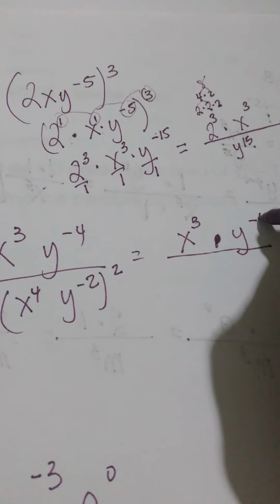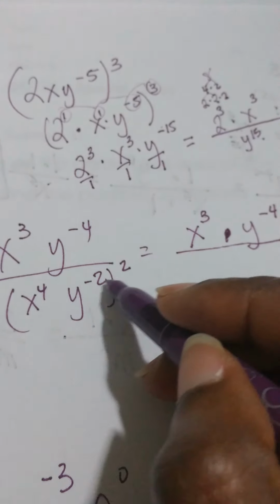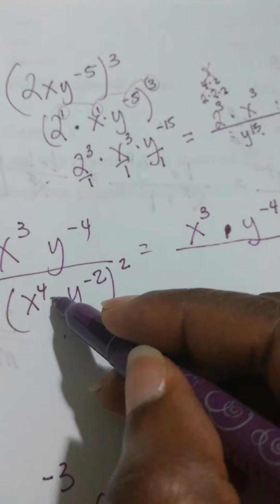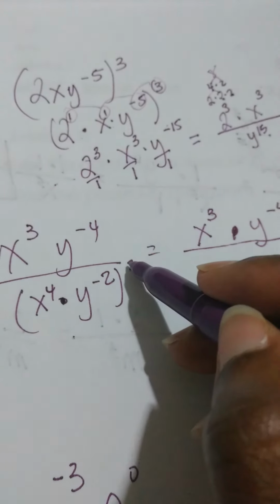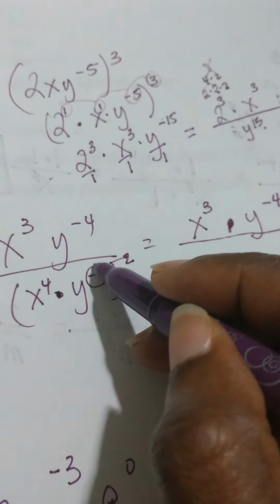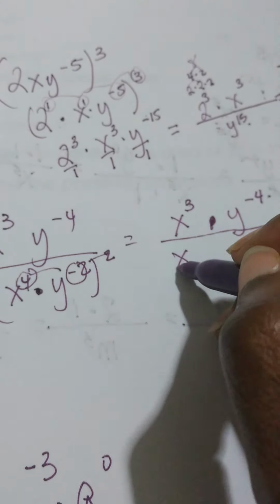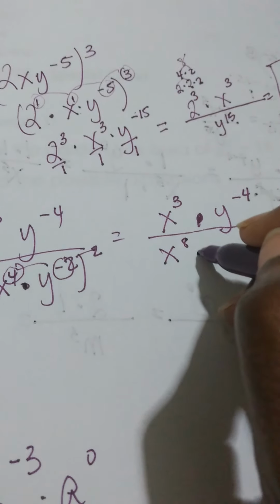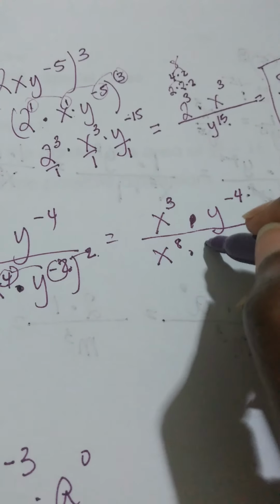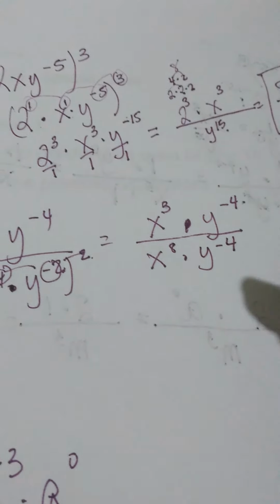Negative 4. At the bottom, let's extend this. So I'm going to multiply all my exponents. 4 times 2, well, that is x to the 8. Negative 2 times 2, that's y to the negative 4.